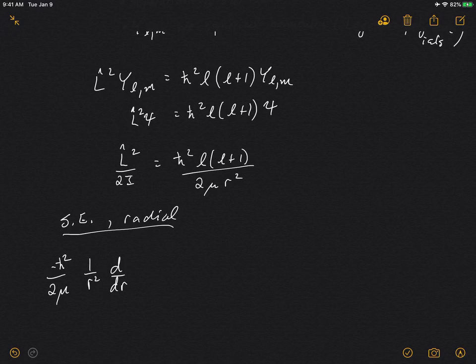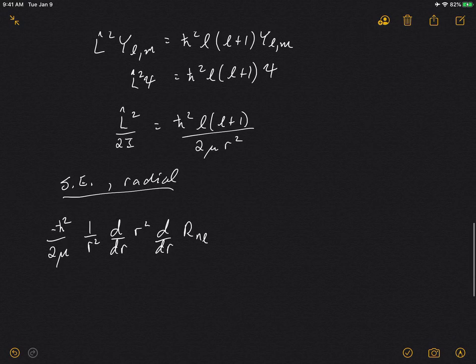Since now we have essentially a one-dimensional Hamiltonian, we're going to switch from using partial derivatives to using regular derivatives. So then we have r squared d/dr, and then this is acting on our R_nl function, which is what we're trying to find here.